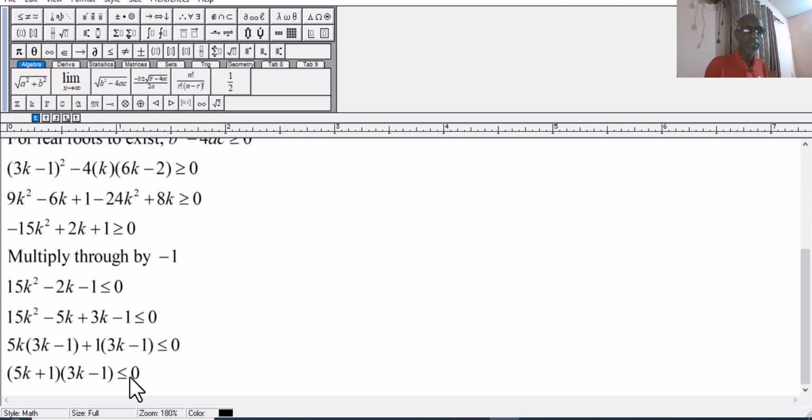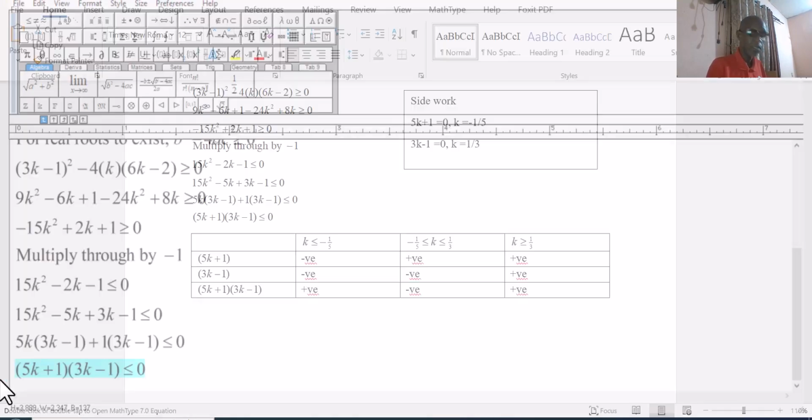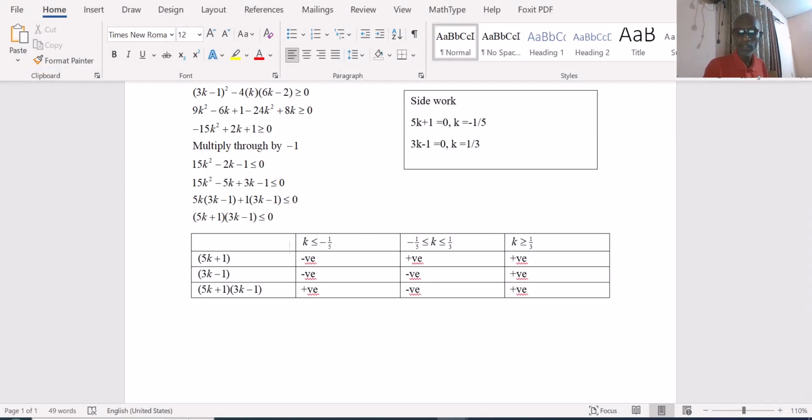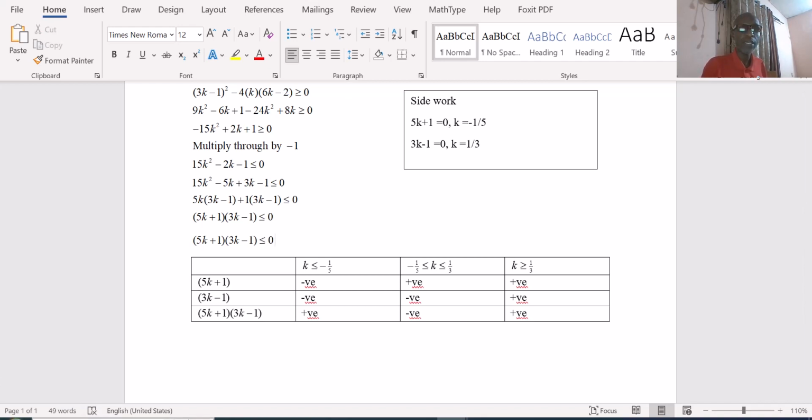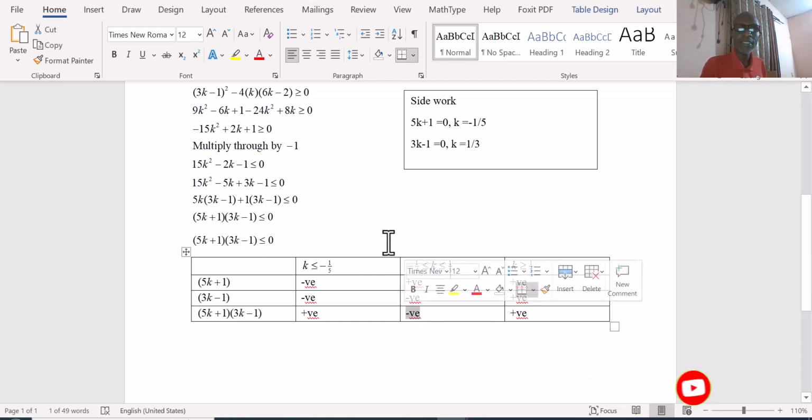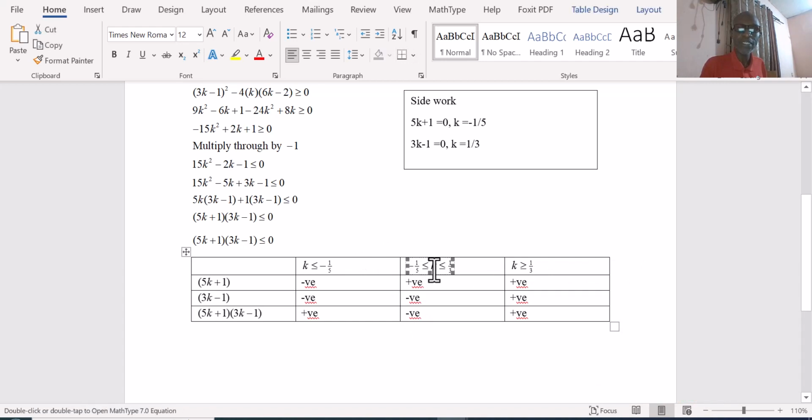The expression I have here should be less than 0. So if something is less than 0, that means that thing is negative. If it's greater than 0, that means it's on the positive side. So the range is valid for this value here. The range is within this value.